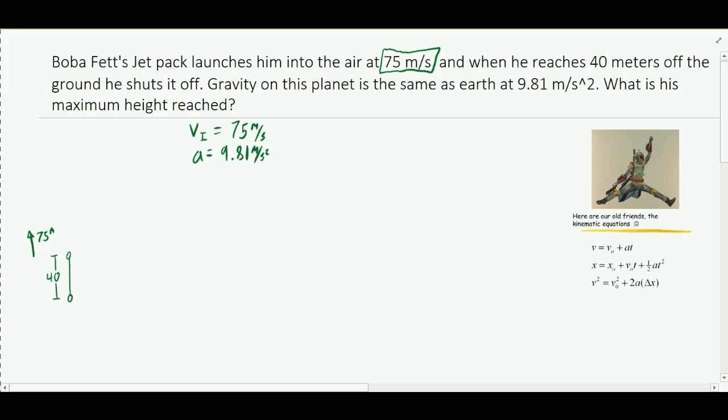He continues to go into the air. Here's X initial at 40 meters. Continues to go into the air until he reaches X final. X final is unknown. What is the maximum height reached? That's what we're trying to figure out. X final. That's our unknown for this equation.